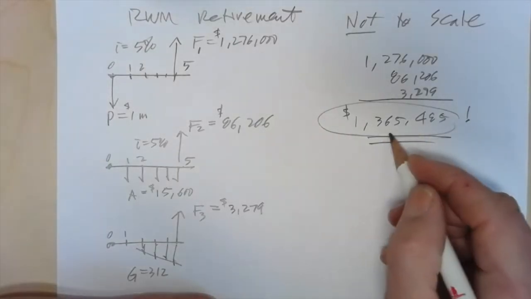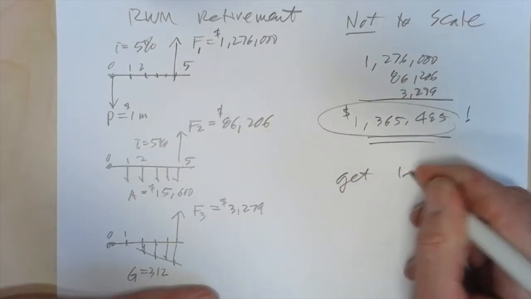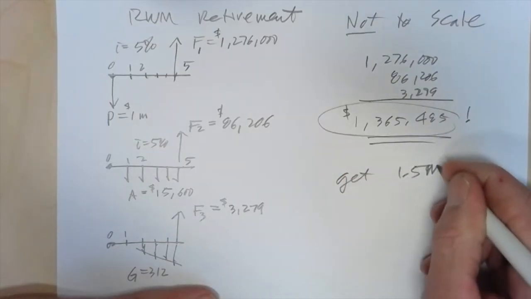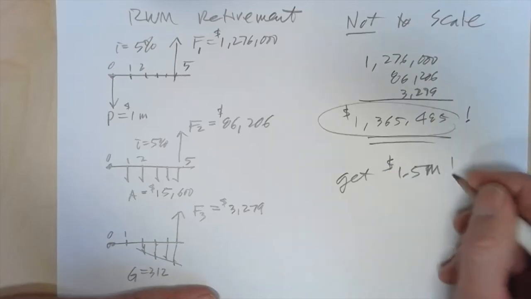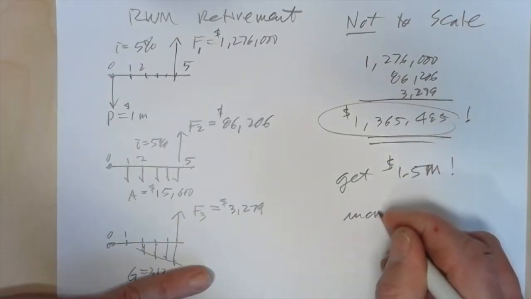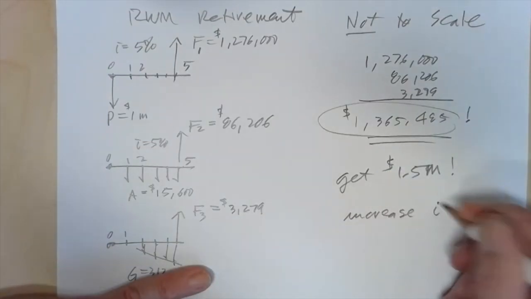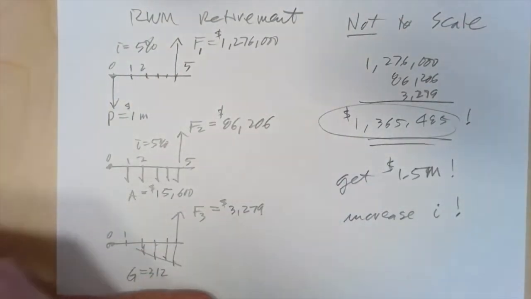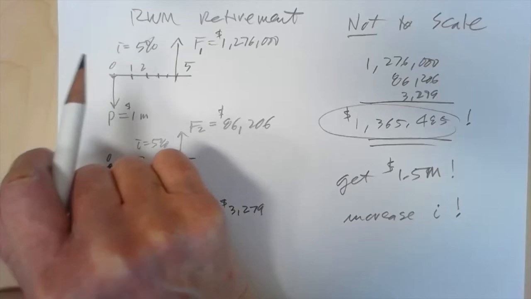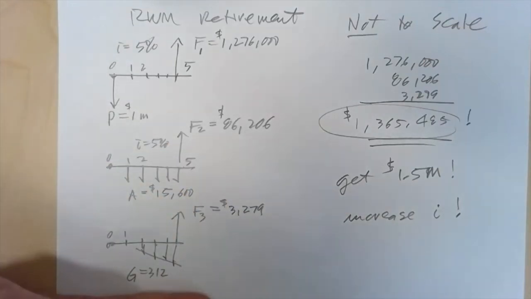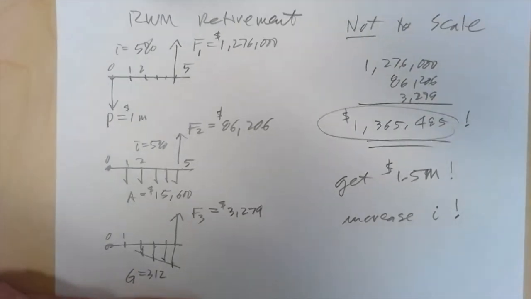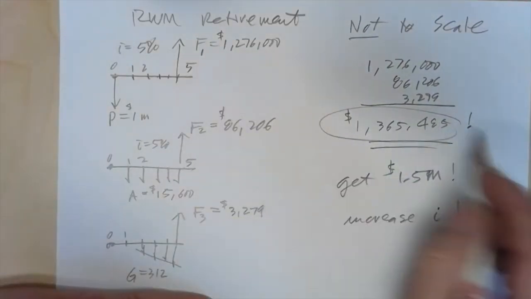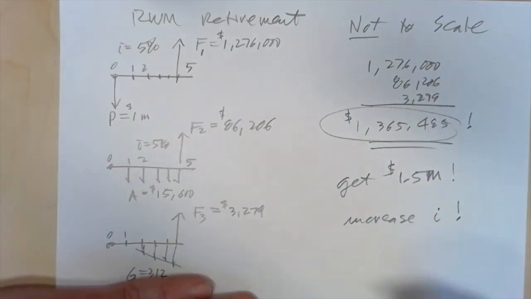How can you get 1.5 million? You have to increase the I. Maybe 6%, maybe 7%. And what happens is when you increase the I, the additional money you get increases non-linearly, and it grows very, very quickly. Okay, so what I've shown you is the example with my retirement, and what did we really do?